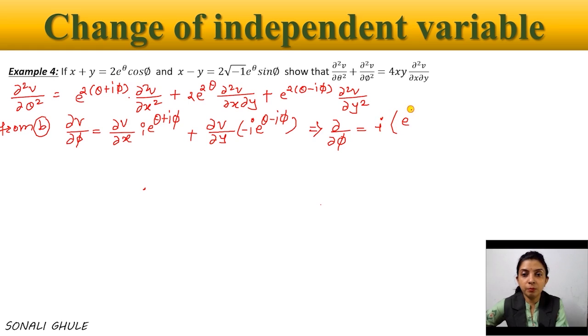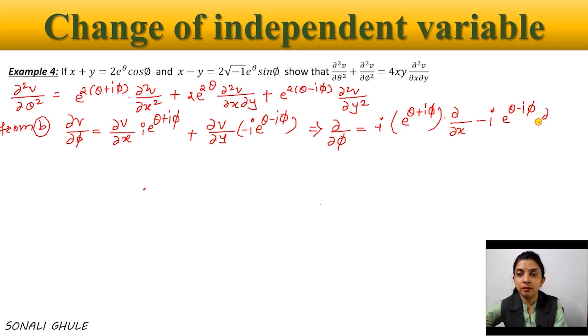So that is e to the power theta plus i phi into dou by dou x, minus i e to the power theta minus i phi dou by dou y, right? So therefore similarly, if I differentiate this term with respect to phi again, that will give me the double derivative.